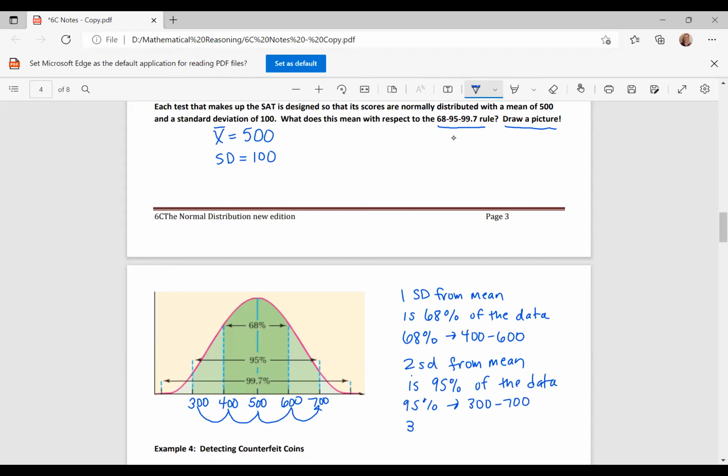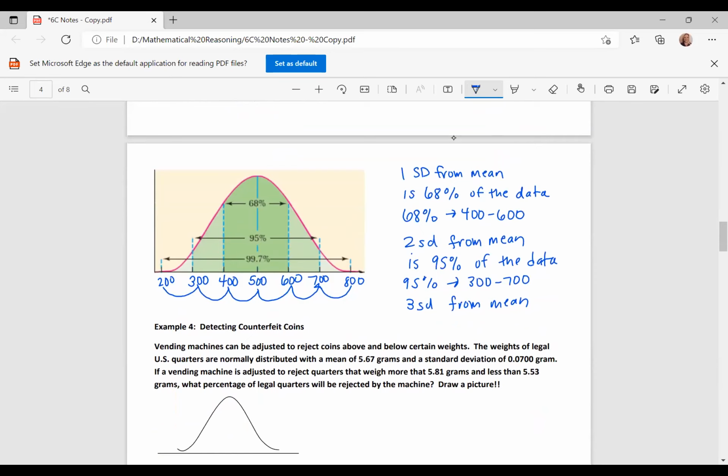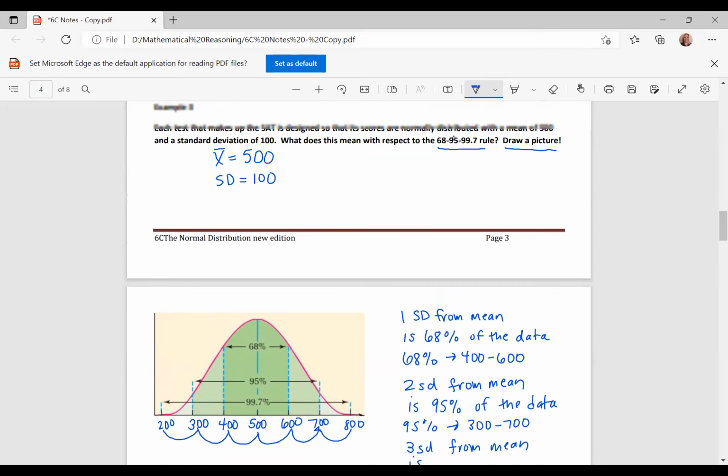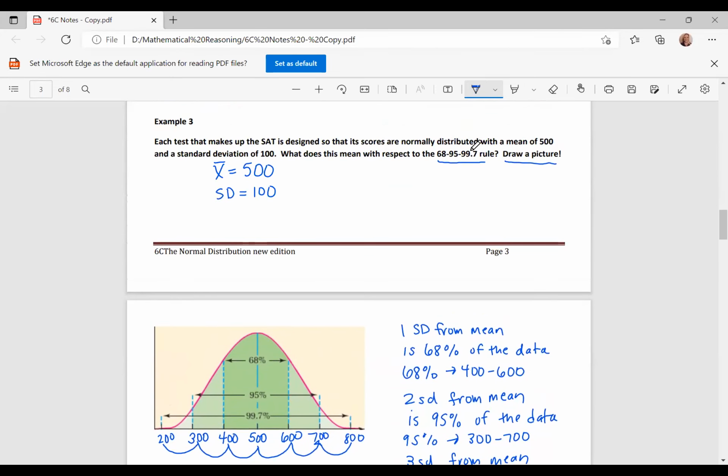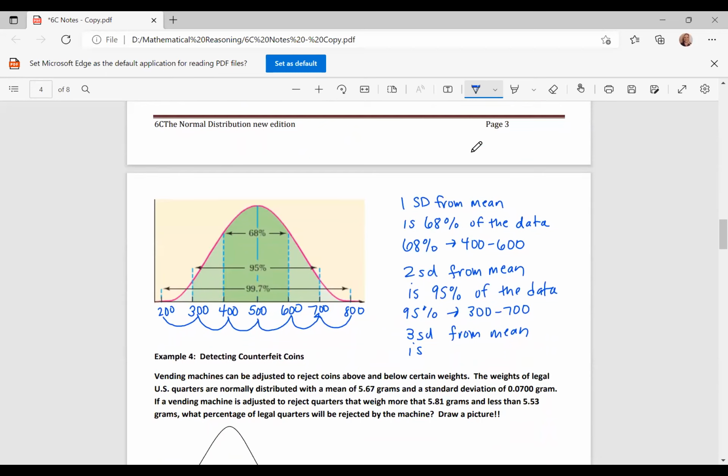If we were to go 3 standard deviations from the mean, now we're subtracting 100 again, getting 200, adding 100 and getting 800. Again, we're applying this rule at 68, 95, 99.7.